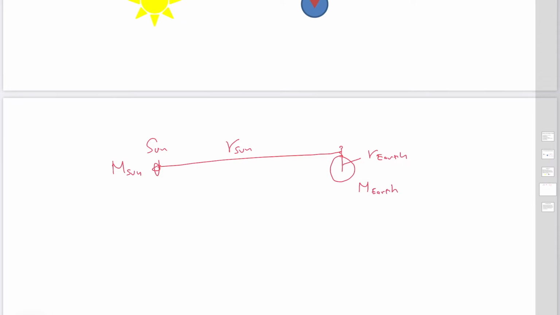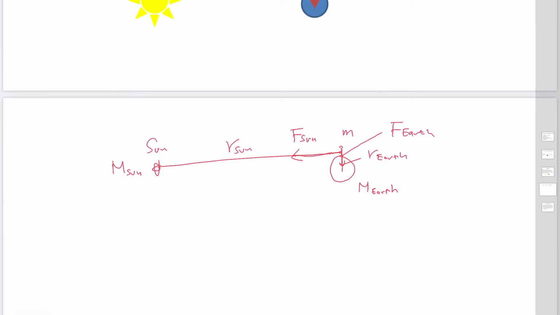And the mass of your body is m. The force acting on this object from the sun is F sub sun, and the gravity from the earth is F sub earth.